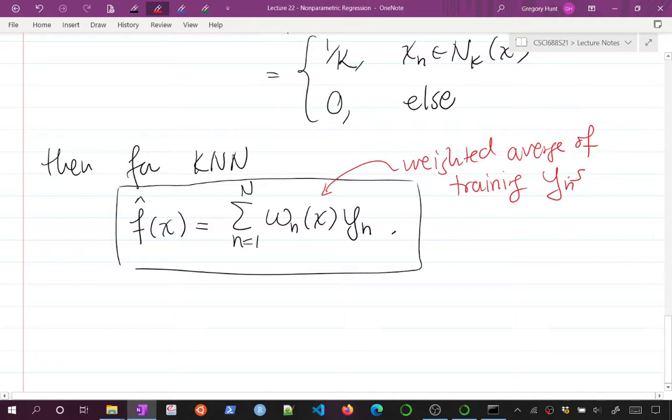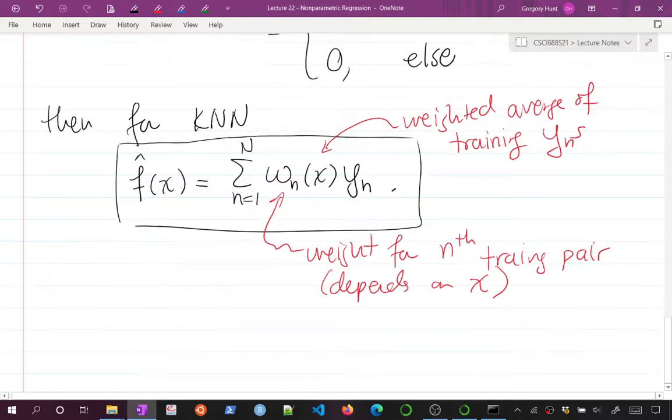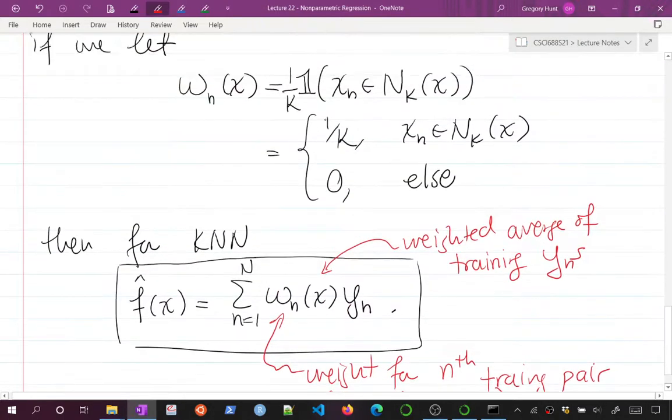My weight, W, for the nth training pair depends on x, so it depends on the x we're predicting. And this weight is simply 1 over k if I'm in this neighborhood, if I'm close to x, and 0 outside of that.